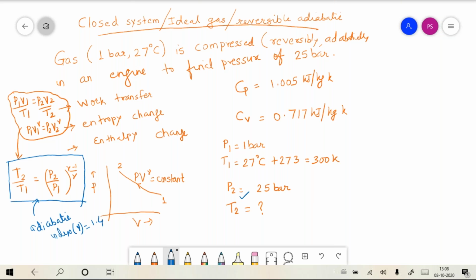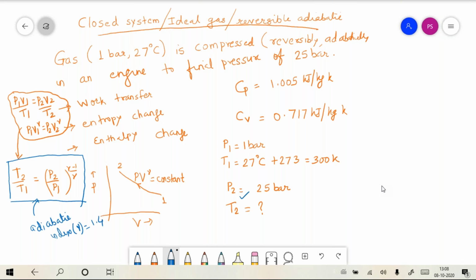Tell me this answer, Vedant. Okay, Neha has answered it correctly.